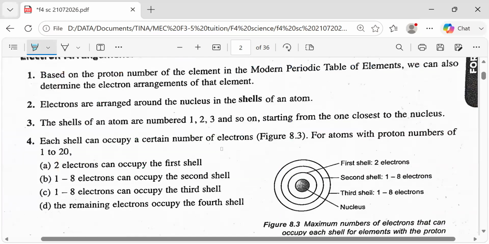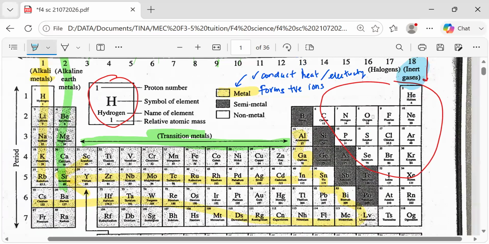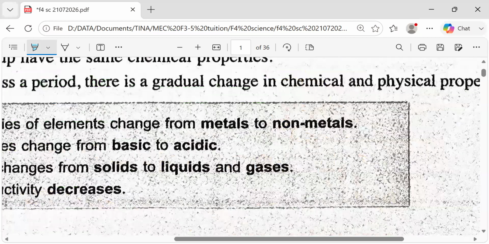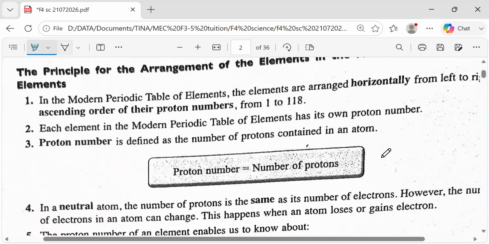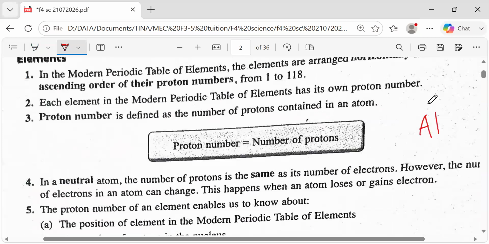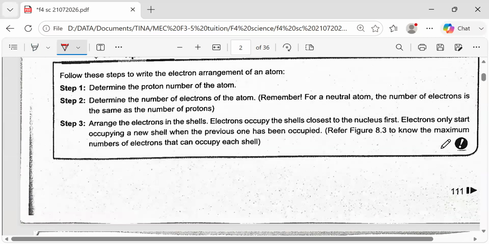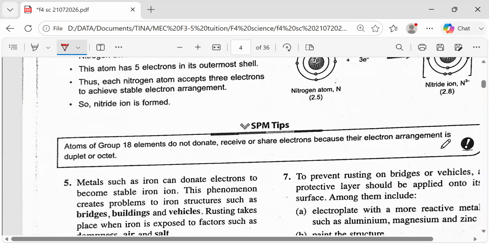Do you remember? So for example, let's choose aluminium. Okay. If you look at aluminium here, written here 13 27, right?